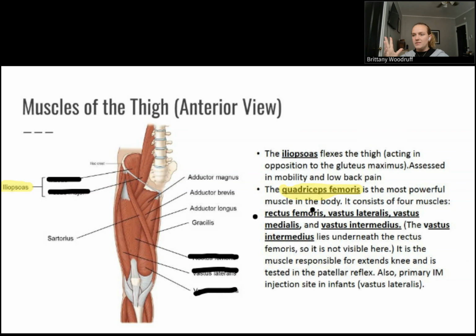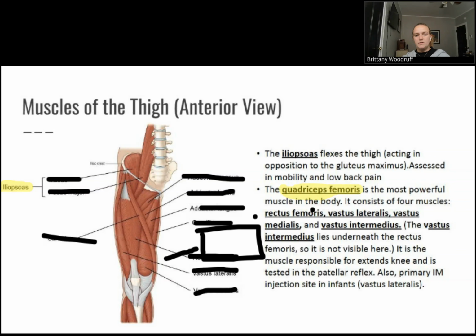The vastus muscles are named based on their location: vastus lateralis is on the lateral aspect, vastus medialis the medial aspect, and vastus intermedius in between the two. But really, what I want you to know is that the quadriceps as a group are found on the front of the thigh. Don't worry about the sartorius, gracilis, adductor longus, adductor brevis, or adductor magnus. I just want you to know this as the quads.